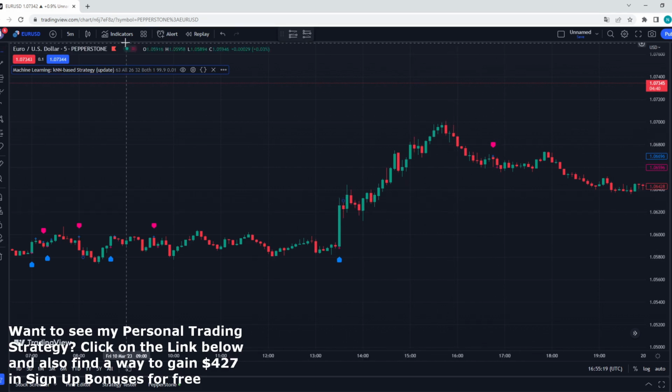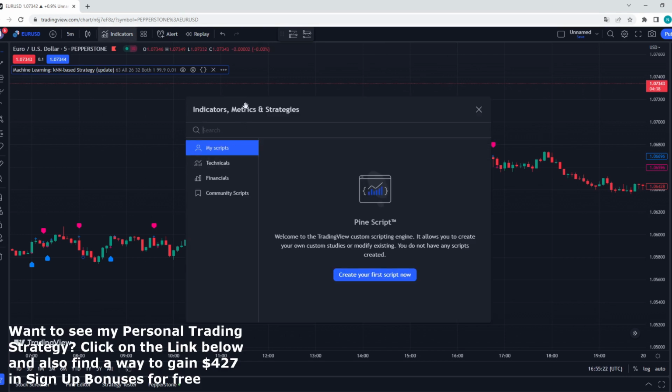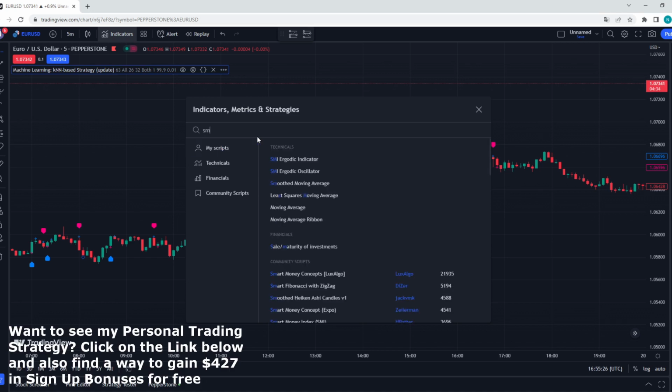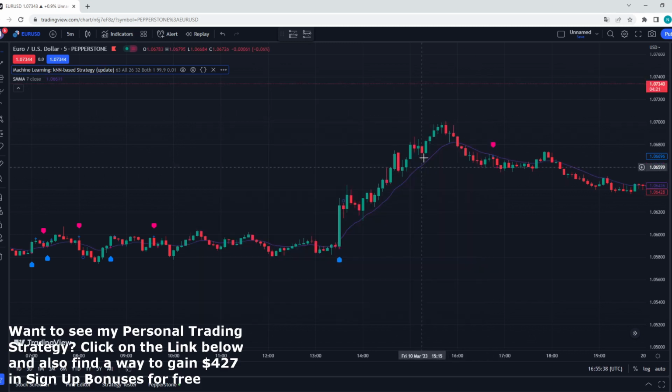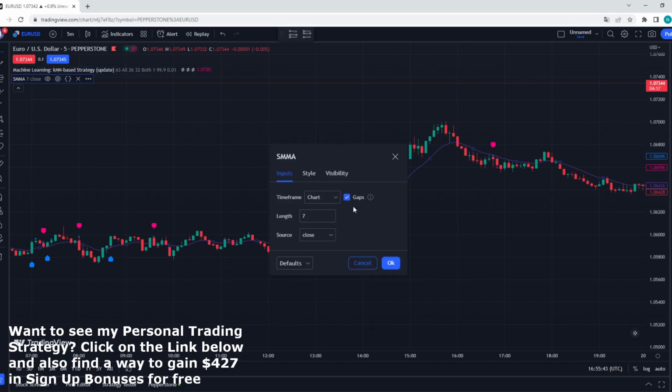Then we need a second indicator. This will be our second and last indicator, and this will be our smoothed moving average. So again, you type in on the indicators, smoothed moving average, this one under technicals. Click on that, and then we also do some changes here.